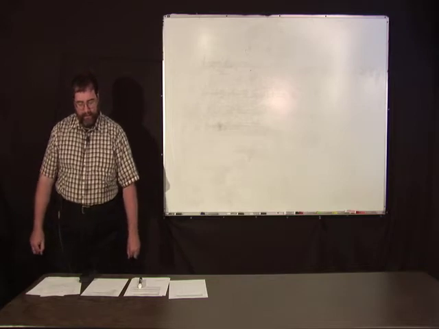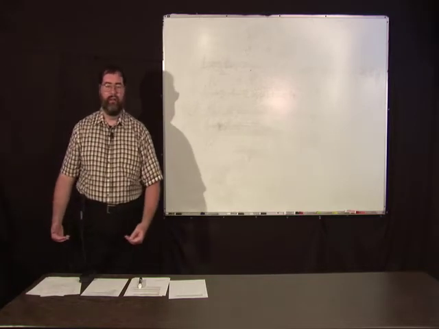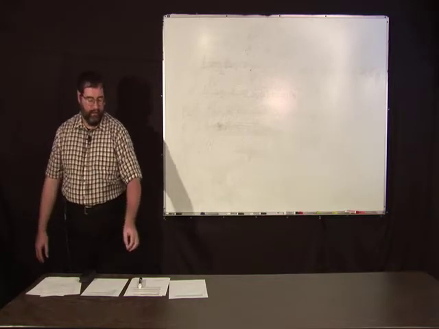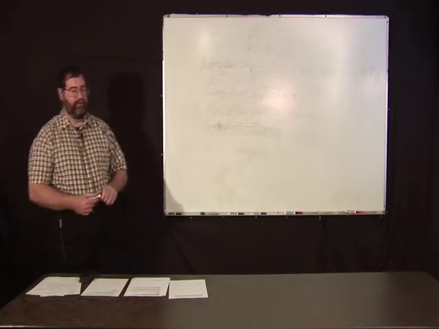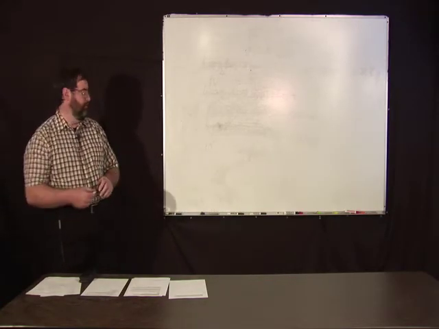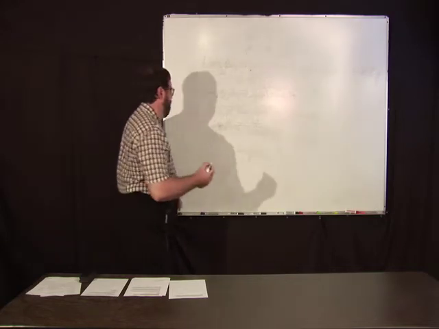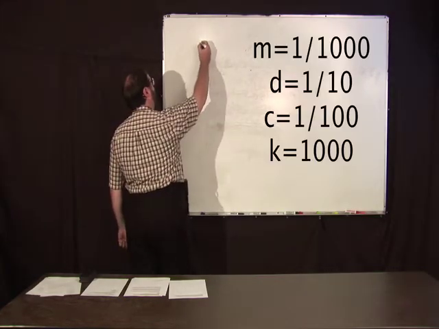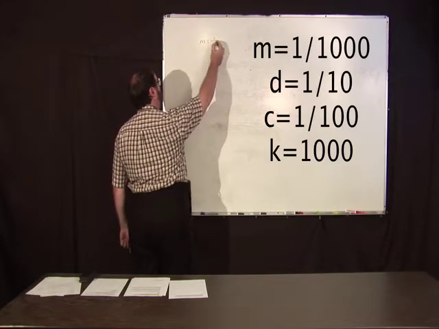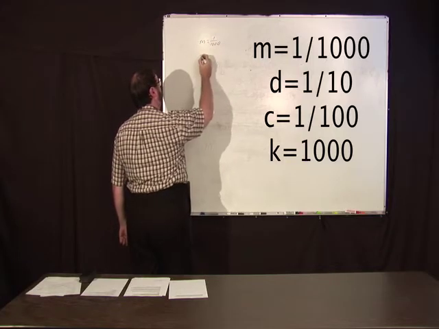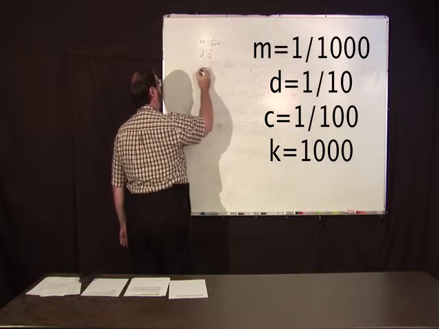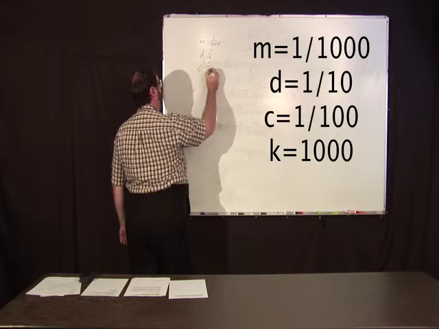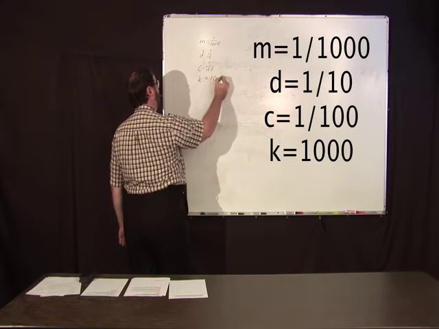Anyway, the decibel is a tenth of a bell. If you know the SI prefixes, you know that m is 1/1000th, d is 1/10th, c is 1/100th, and k equals 1000.